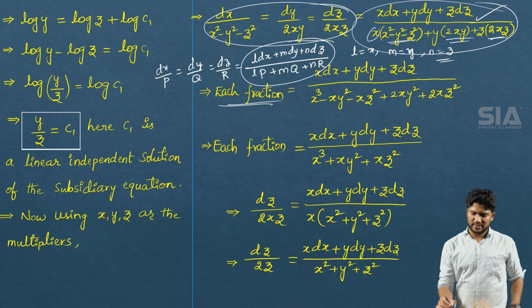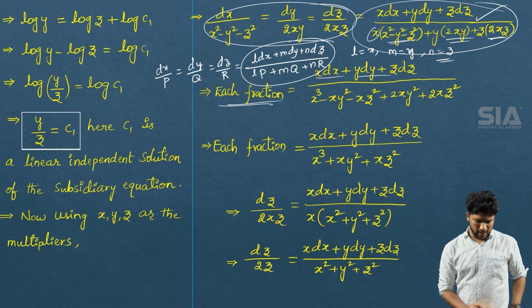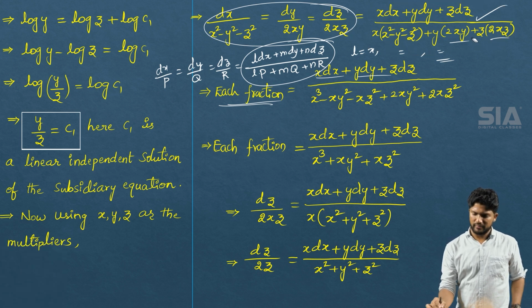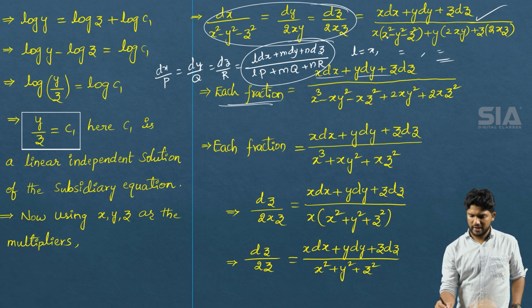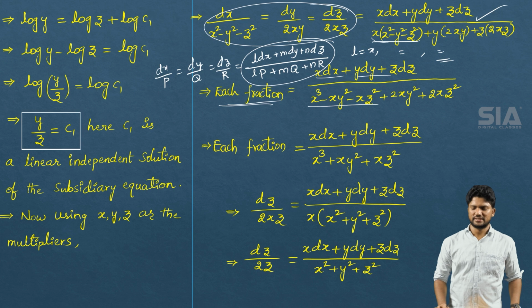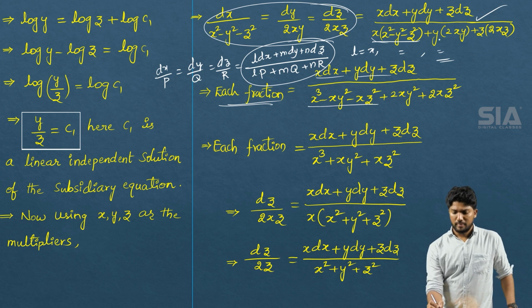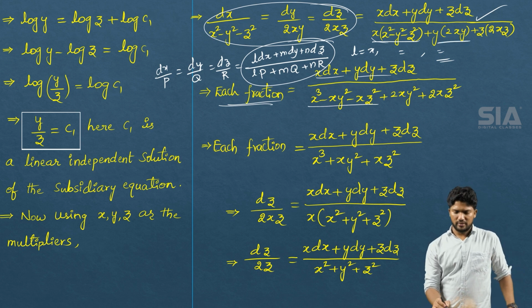So each fraction is equal to x dx plus y dy plus z dz, multiplying in the denominator of that equation. In the denominator, if you multiply with those values, you will get x into x square minus y square minus z square, which is x cube minus x into y square minus x into z square plus y into 2xy, that is 2xy square, plus z into 2xz, that is 2xz square.